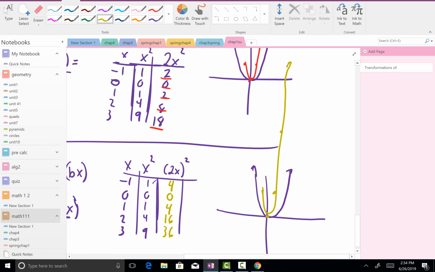But it's actually being compressed horizontally, because if we think of this horizontally, this one is wider than the yellow one. So it's a compression. Even though you're multiplying by 2, you're actually getting a compression in the horizontal stretch. It's sort of an opposite or reciprocal relationship.